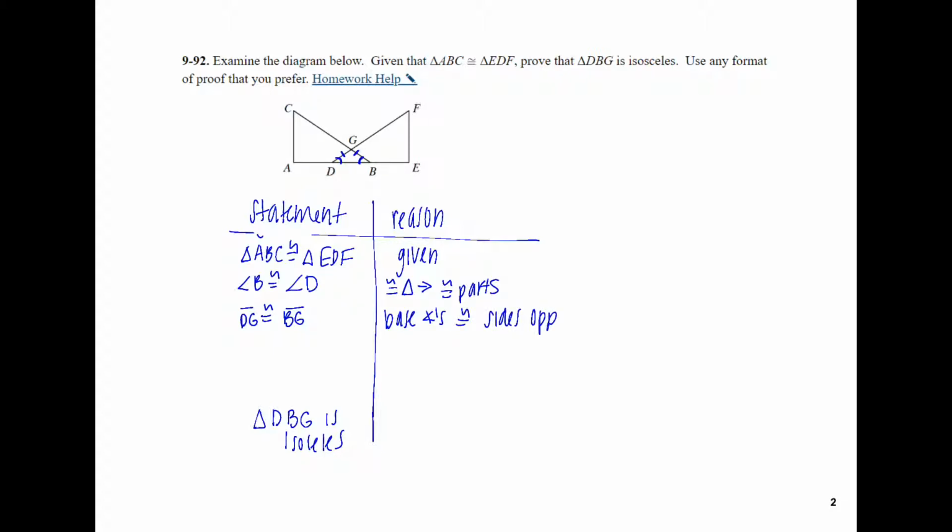Sides opposite are also congruent, which then can tell us that DBG is an isosceles triangle because of the definition of isosceles, meaning the base angles and the sides are congruent.